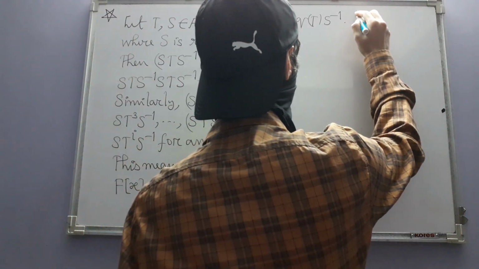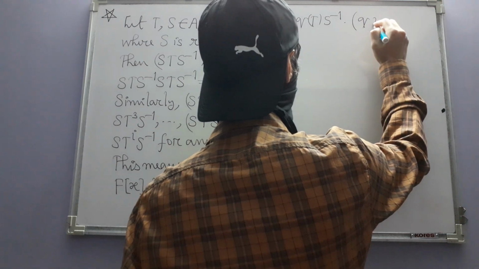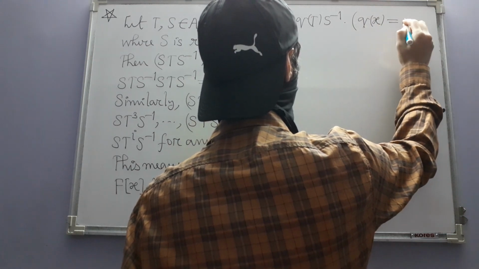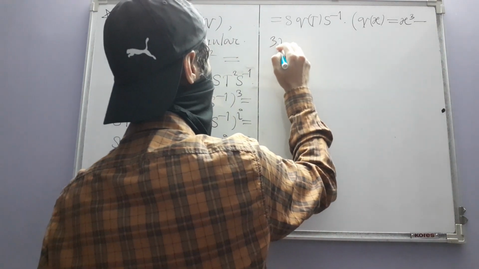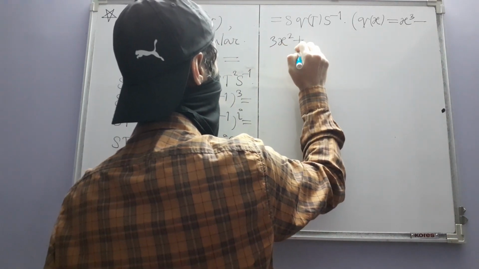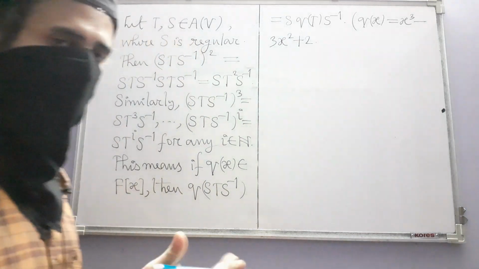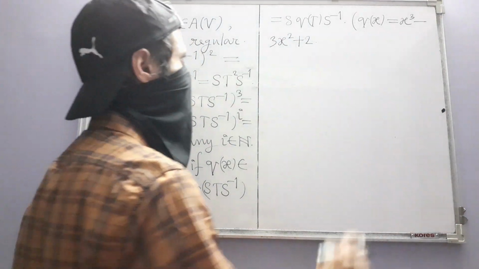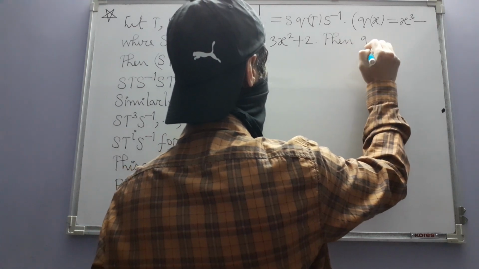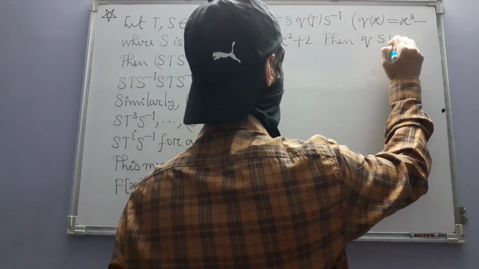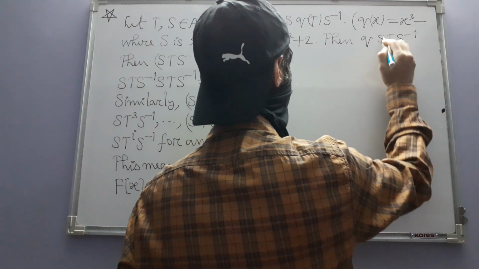Suppose that Q of x is x cube minus 3x square plus 2. Then what is Q of ST S inverse?